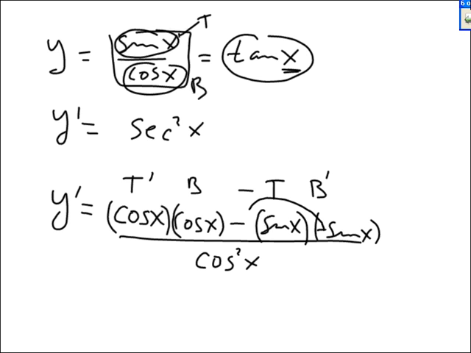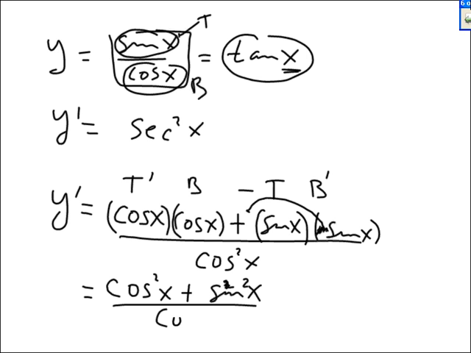This minus comes out in front and makes it a plus. So that minus is no longer there. So now we have cosine x times cosine x, which is cosine squared x, plus sine x times sine x, which is sine squared x. And this is all over cosine squared x.